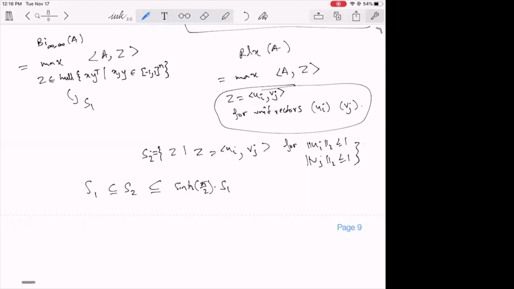Just recall one thing: S1 is the unit ball of the projective tensor norm that I defined at the beginning of the talk. You don't need to see the definition of the norm again. All you need to know is that it's a norm, because we're going to apply the triangle inequality.